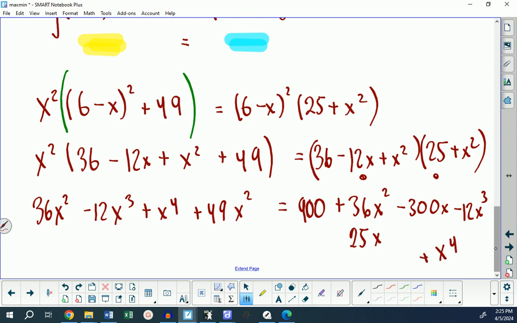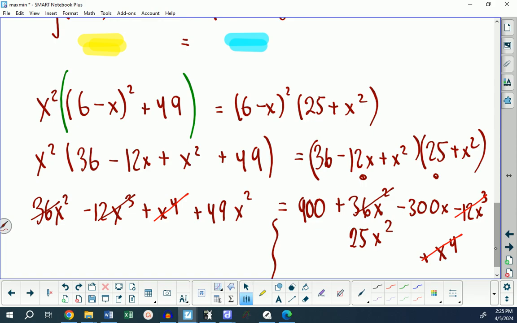So we have the equal sign here. Gone. Gone. Gone. The x squareds don't go away completely, but there's 36 that do.